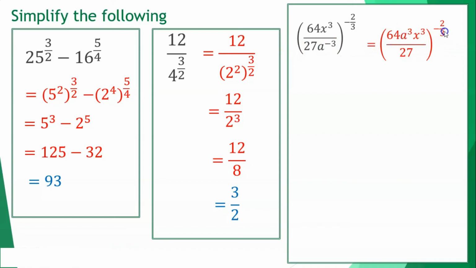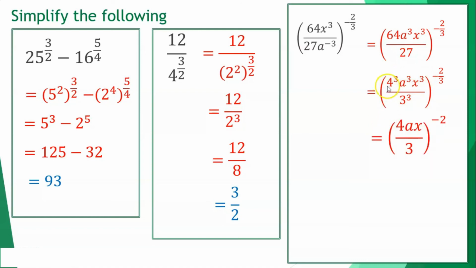So at this point, the denominator here is 3. So we have to rewrite 64 and 27 such that its exponent will be 3. So with this, 64 will become 4 cubed and 27 will become 3 cubed. So at this point, we can cancel the exponents, which is 3.